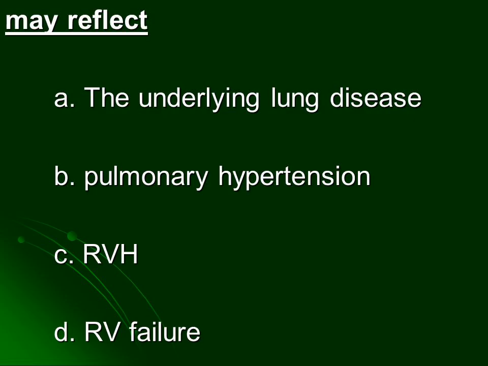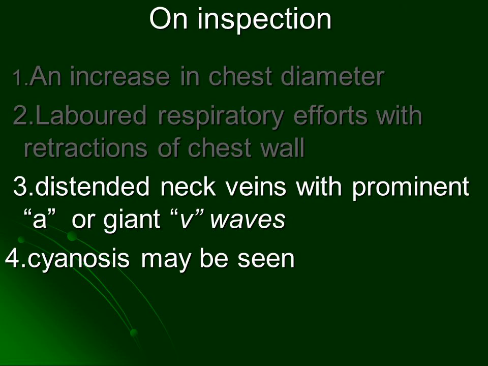Physical findings may reflect a. the underlying lung disease, b. pulmonary hypertension, c. RVH, d. RV failure. On inspection: 1. An increase in chest diameter. 2. Labored respiratory efforts with retractions of the chest wall. 3.